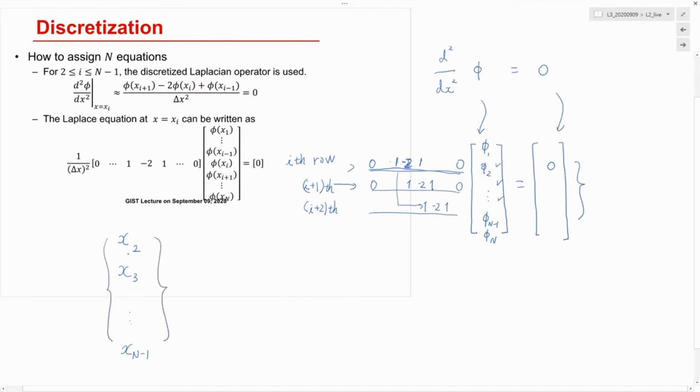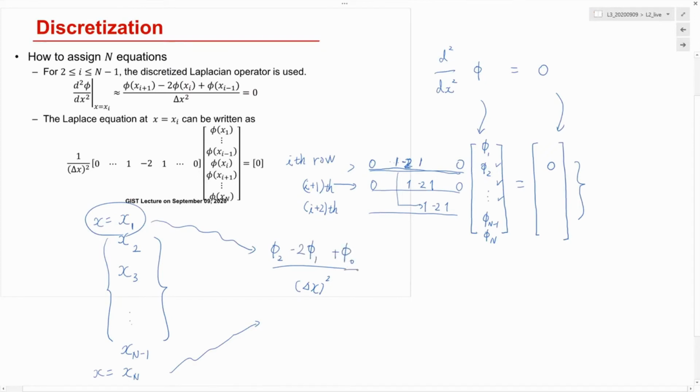But how about x equal to x1 or x equal to xn? In these two cases, you will have a practical difficulty. If I want to evaluate it for x1, you will find that this corresponds to phi 2 minus 2 times phi 1 plus phi 0.